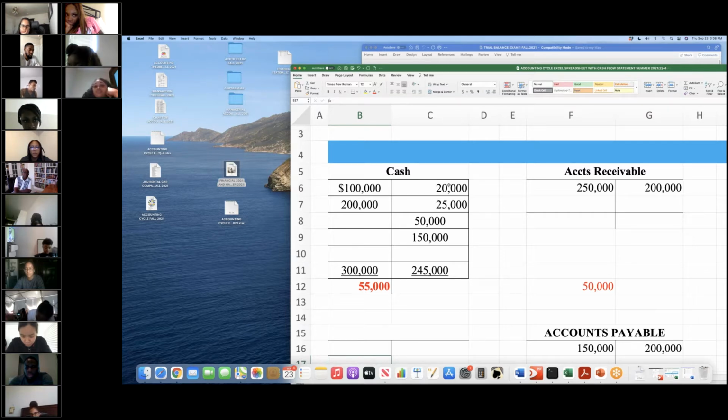So we pay dividends, we pay rent, we pay salaries, and we paid on accounts payable. So we took in 300,000, we paid out 245,000. That means we have 55,000 left. Any questions?